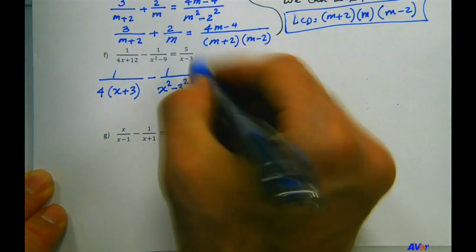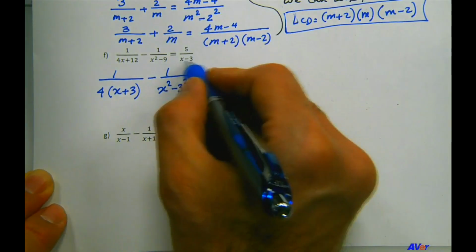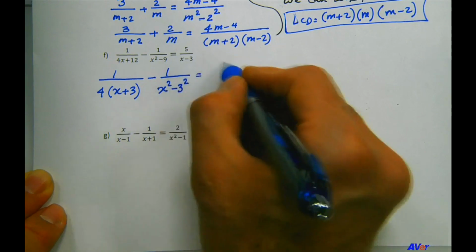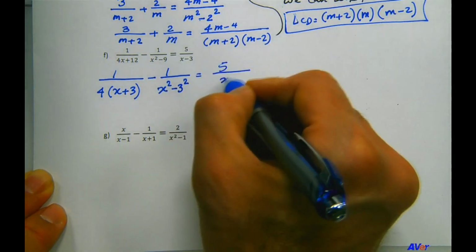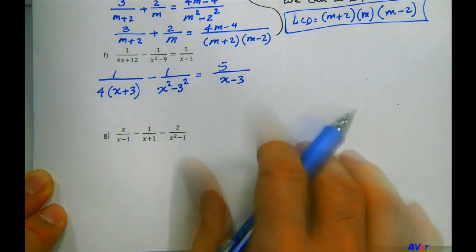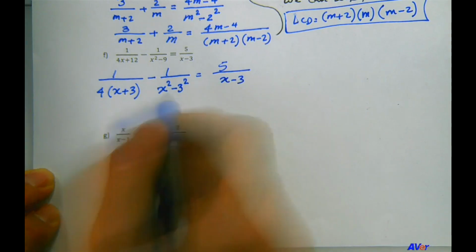Okay. On the right, can we factor the denominator? No. So let's write it down as it is. Now let's simplify this a little more.